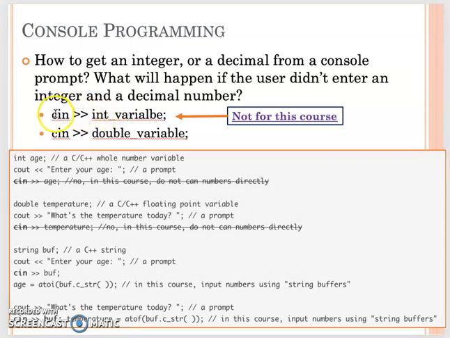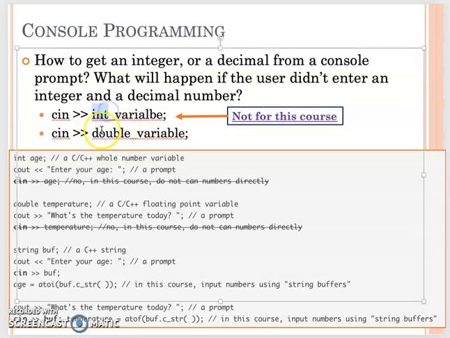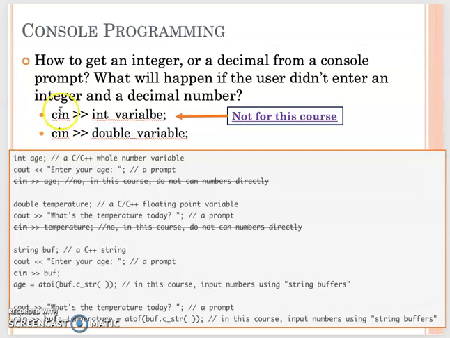So in order to prevent this, for this course, whenever we ask the user to provide a value, we want you to always read it as a string first. Then from the string, we convert to either an int or a double value. If we do so, then if the user accidentally enters the wrong data type, your program won't crash.